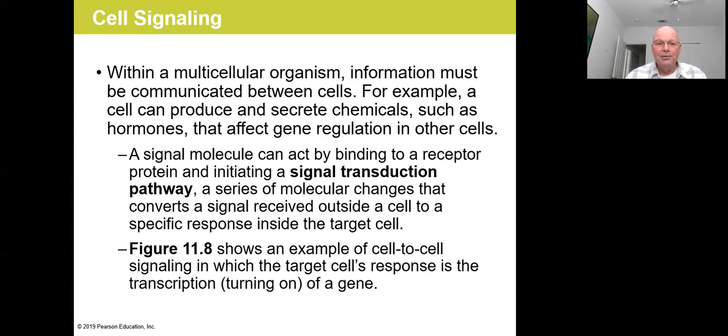It turns out that there are signal molecules. Many of them are proteins, but not all of them necessarily have to be proteins. Some of them are hormones. But these signal molecules are released by different cells, circulate through the developing embryo, and bind to target cells, because those target cells have a protein receptor on the surface of the cell that binds the particular signal molecule.